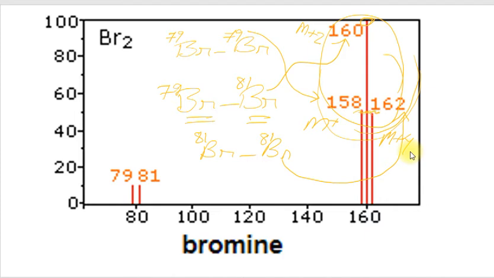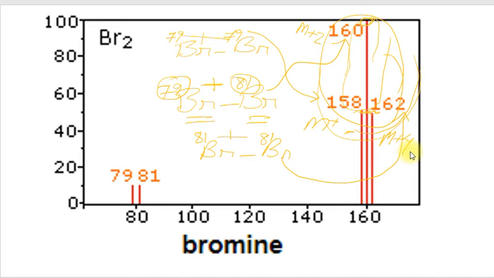Because the probability of having bromine 79 and bromine 81 is double that of the case where you have bromine 79 and bromine 79, or bromine 81 and bromine 81. So this height is double the height of the M plus and double the height of the M plus 4.